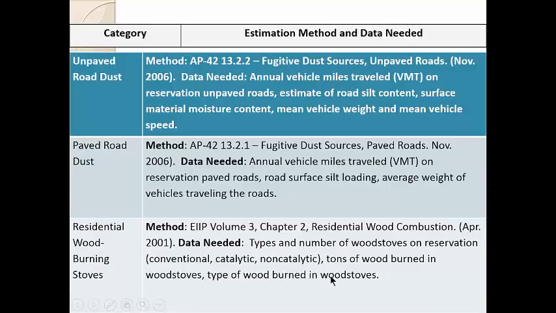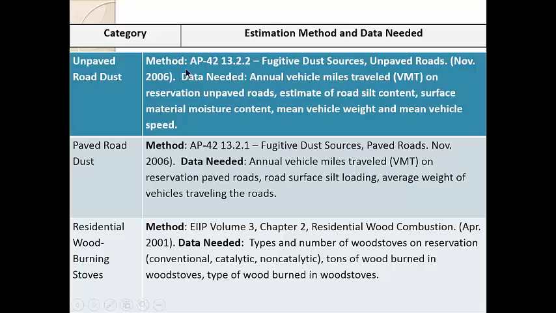So this is just a slide that shows, I think this is a section from Chris Ray's QAPP, showing what category of emission we're talking about, and then the estimation method and the data needed.